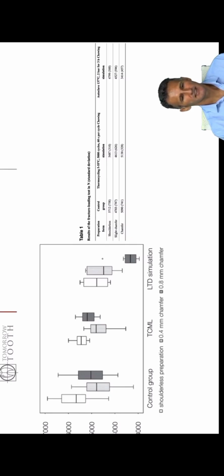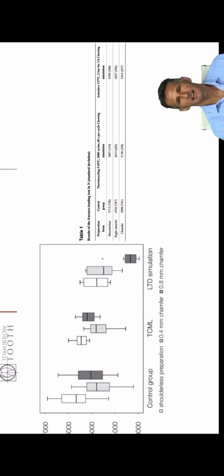This is the result of this study. It's quite counterintuitive, but vertical crowns perform better than chamfer. In first place, we have the vertical crowns. In second, the chamfer preparation with 0.8 mm, and just in third place, the chamfer with 0.4. This result is always the same, with vertical preparation performing better, both after thermomechanical cycling and after low temperature degradation.